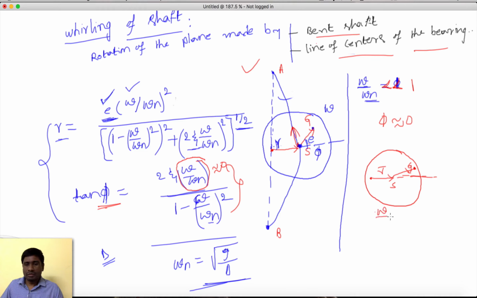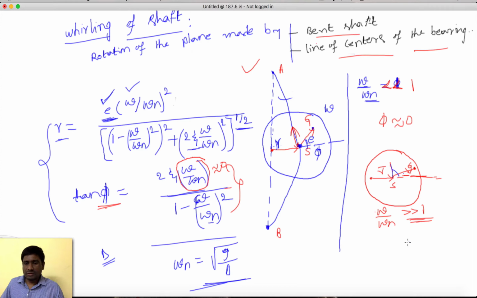And what happens when omega by omega n is greater than 1? When omega equal to omega n, that is 90 degrees, and if it is decreasing, less than 1, then it's coincident with this line. So when omega by omega n is very much greater than 1, automatically the phi shouldn't be between these lines.